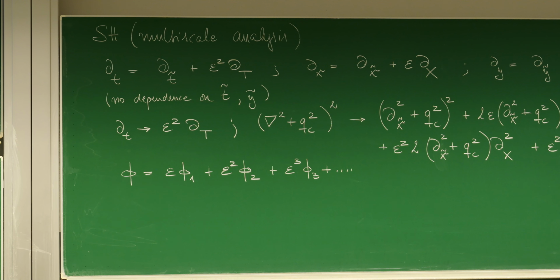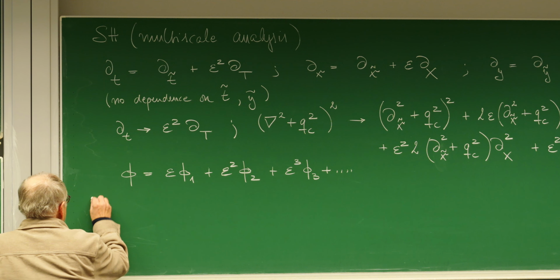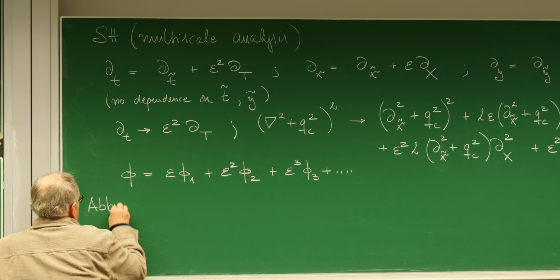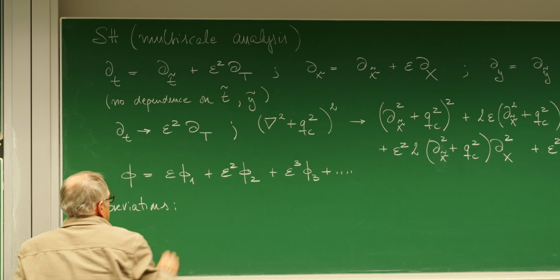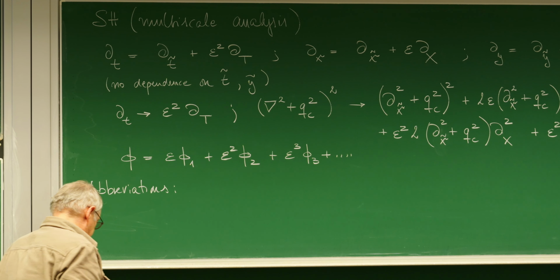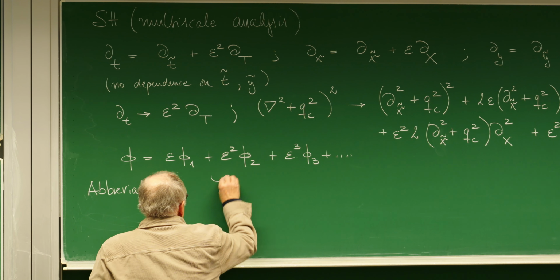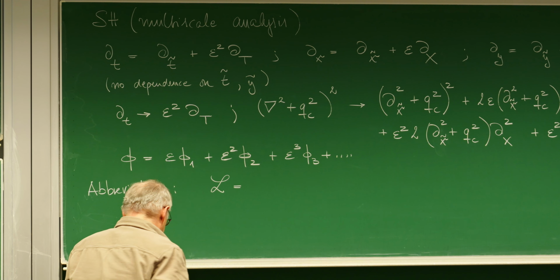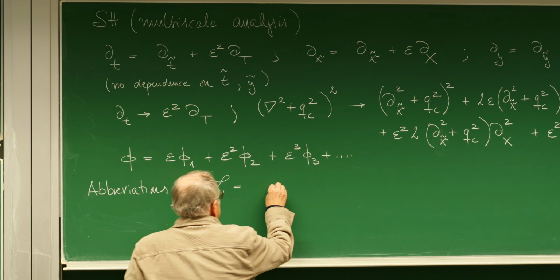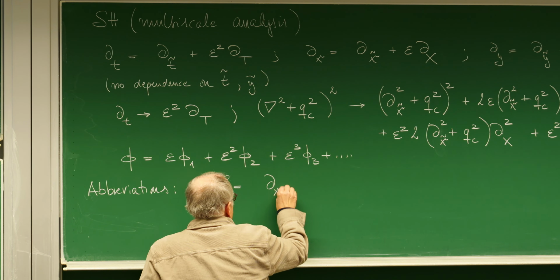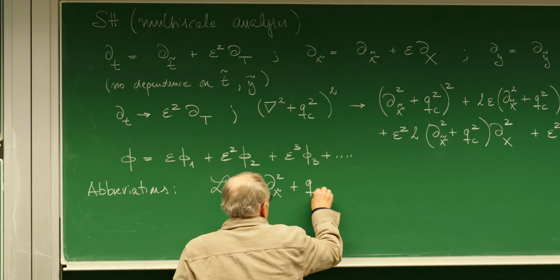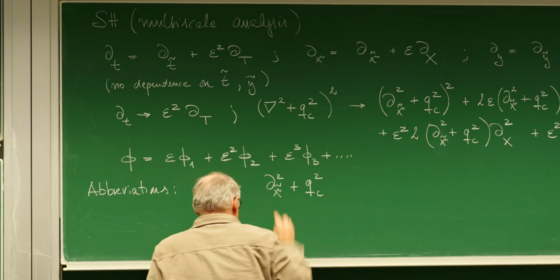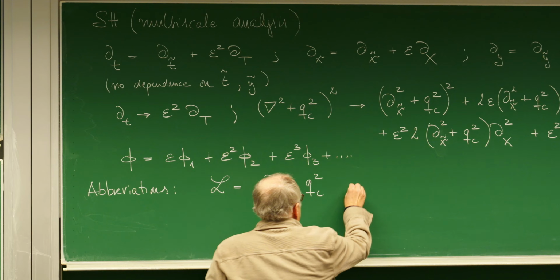Now, to do the analysis, I need a few abbreviations that make my writing a bit easier, but the abbreviations also have some particular meaning. I'll take one operator that I call L. That is the original operator dx squared plus qc squared. So this is dx tilde squared.